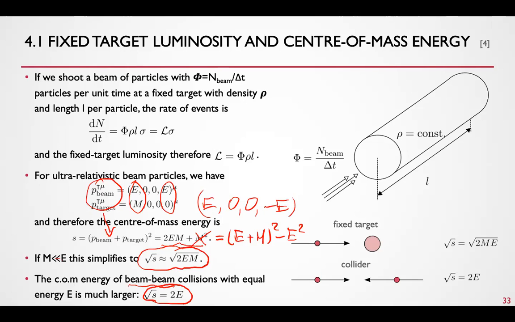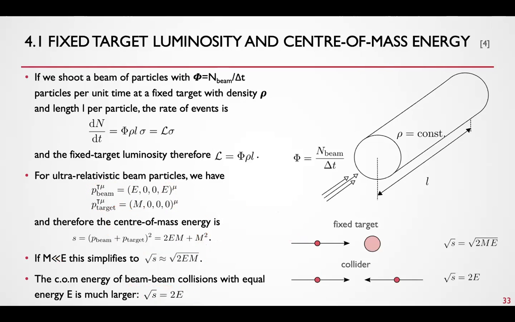So in one case, let me erase this and compare. Let's say we have the LHC beam, and two counterclockwise beams, and they collide in the detector, at 6.5 tera electron volts. So square root of s in the beam would be 2 times 6.5 tera electron volts, which is 13 TeV, which is indeed what we achieve.